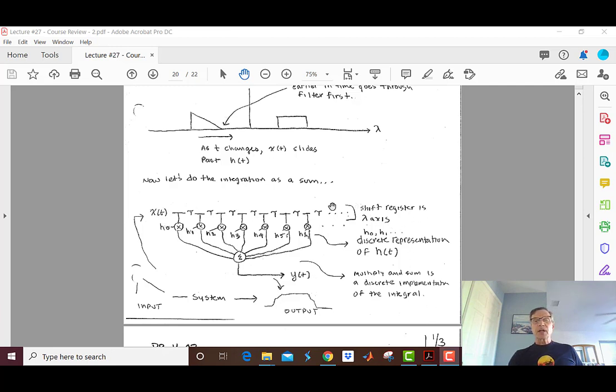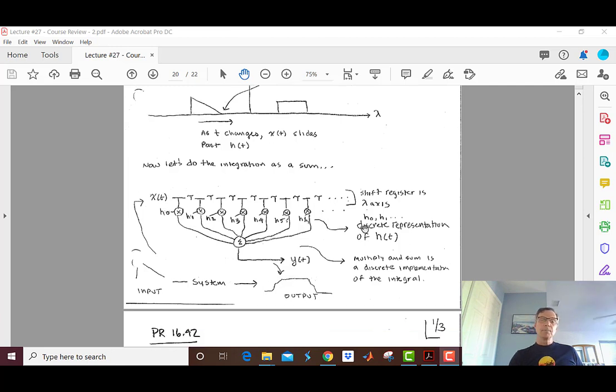So the shift register is the lambda axis. H of t, or the impulse response, we just have a discrete representation of it. And then we just add these up, because after all, we're integrating, and we get the output.